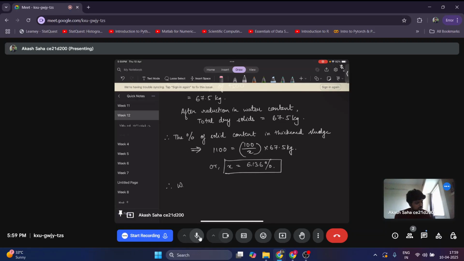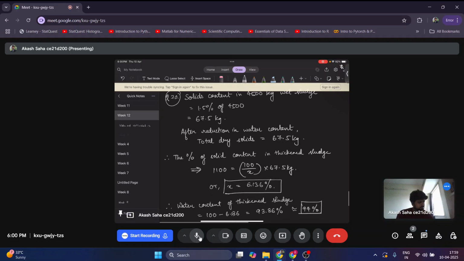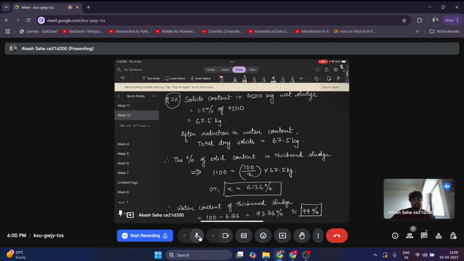Therefore, water content of thickened sludge will be equal to 100 minus 6.136, which is 93.86 percentage, or 94 percentage. So this is the answer. Okay, just make a note of it.